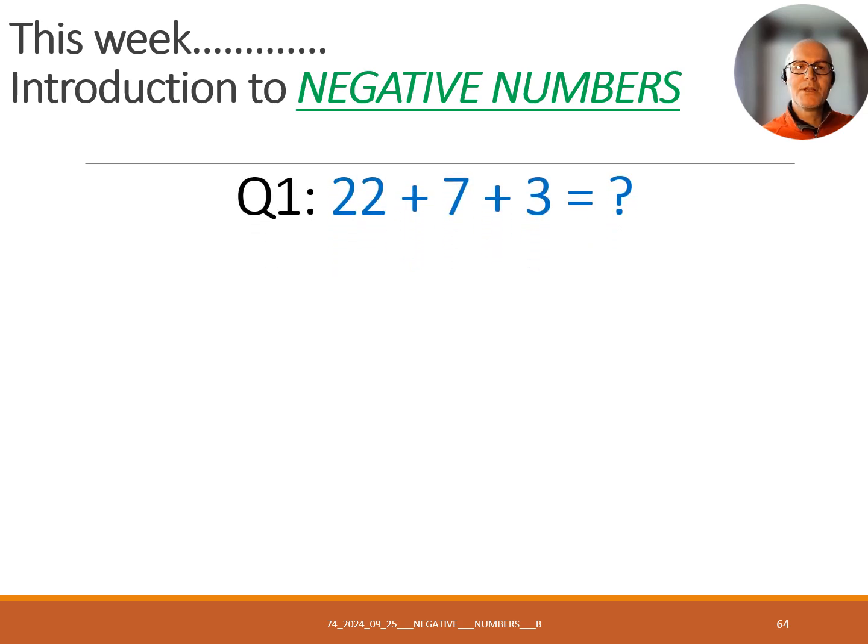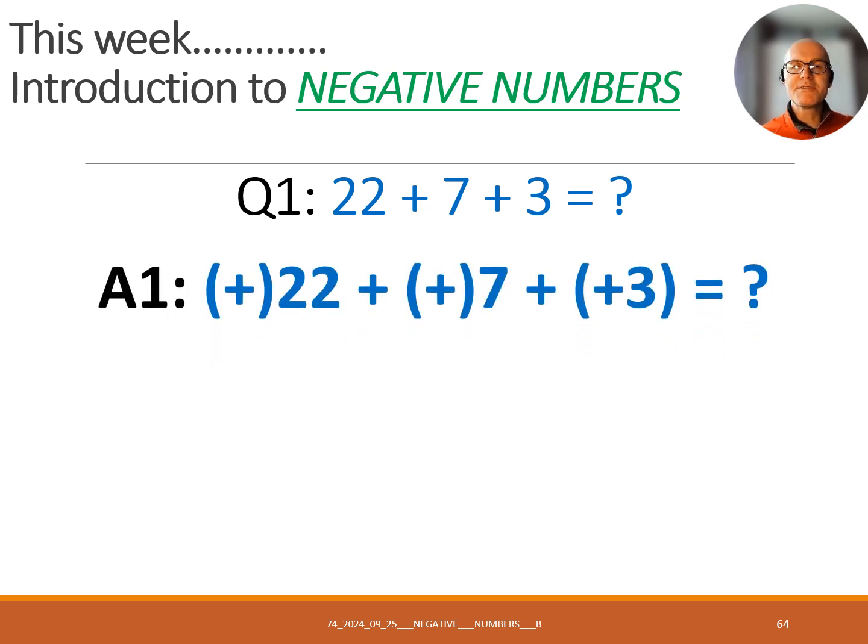Question 1. 22 plus 7 plus 3 equals what? Let's put the positive signs in to see if we have to change the functionality of this equation. Positive 22 plus positive 7 plus positive 3.